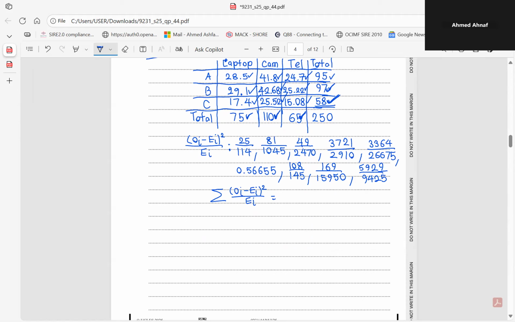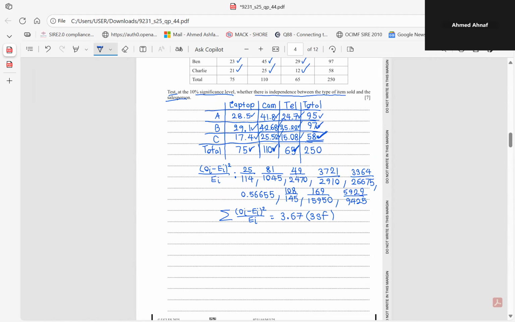You just add these up, use a calculator. 0.56655045 plus 1.691550 plus 0.5929, 9425. So the test statistic to 3SF is 3.67.